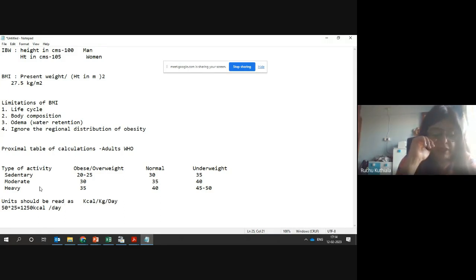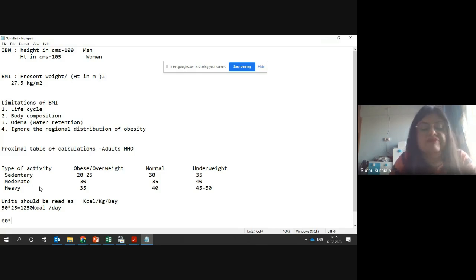Similarly, another example, the woman weighs actually 50 kgs and has to be 60 kgs. That means the woman is underweight. So in that, I would pick up 60 as the ideal body weight which this should be. But unfortunately, this woman is underweight, maybe a sedentary worker, maybe a moderate worker, and I'll pick up the factor.